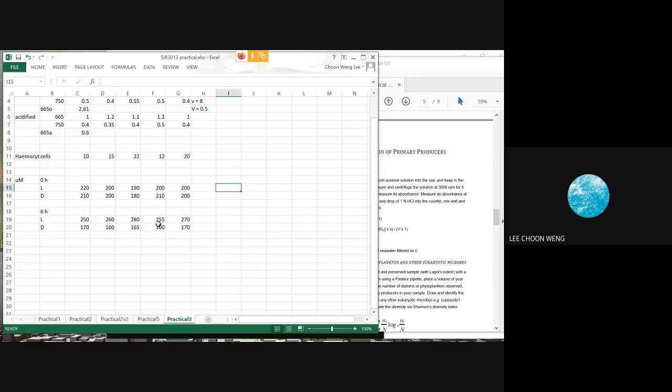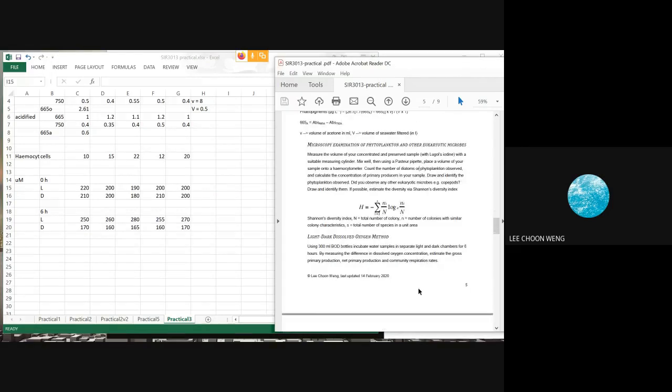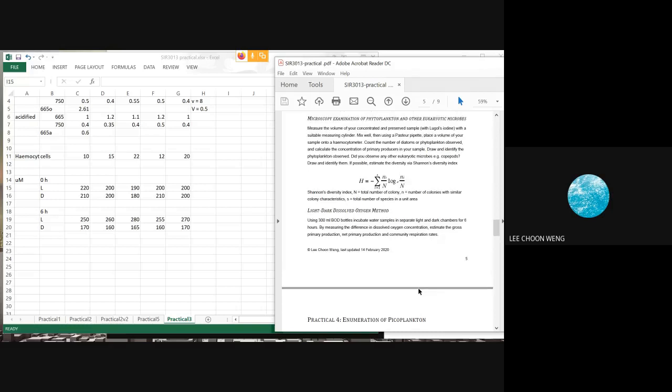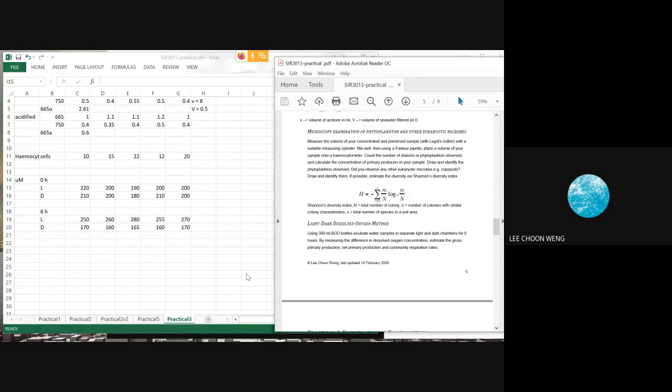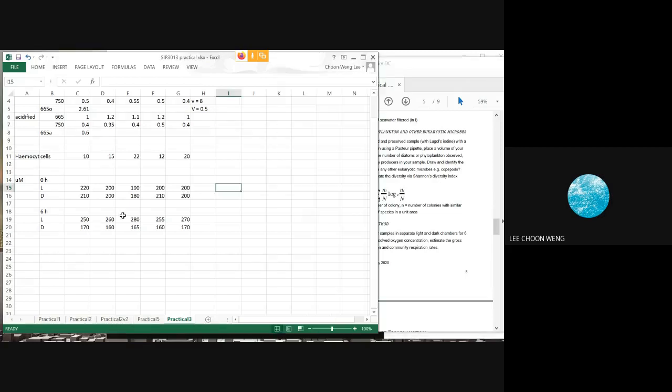If you get this kind of readings, you can measure the gross primary production, net primary production, and also community respiration rates.